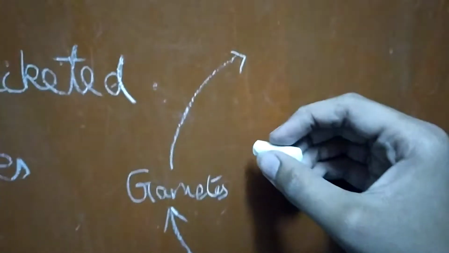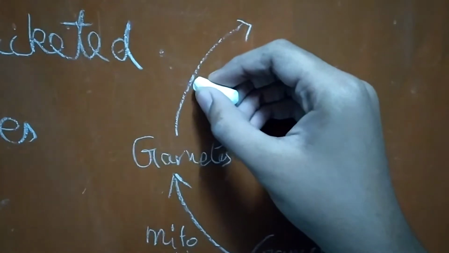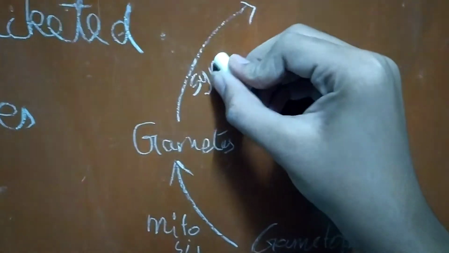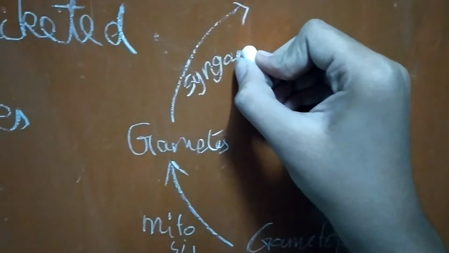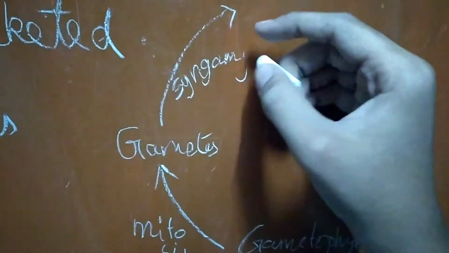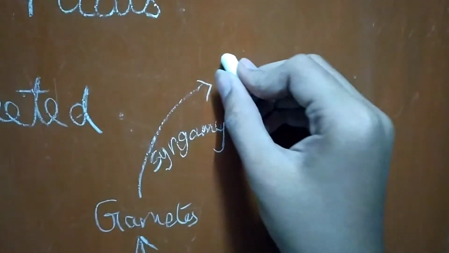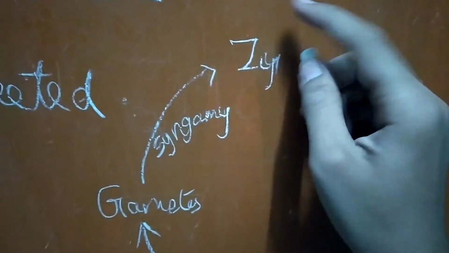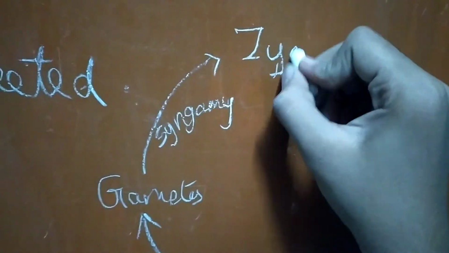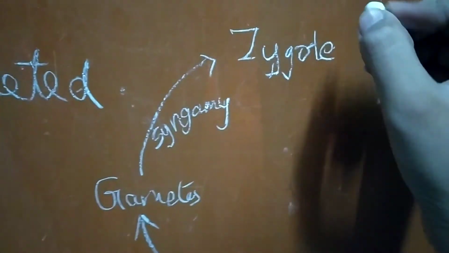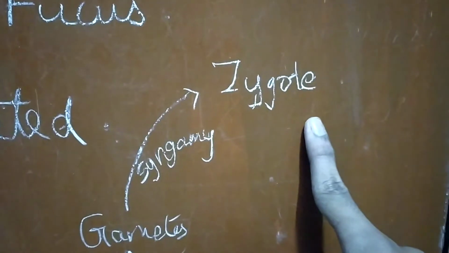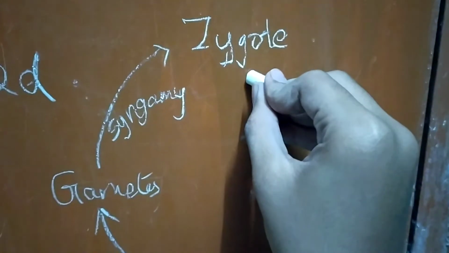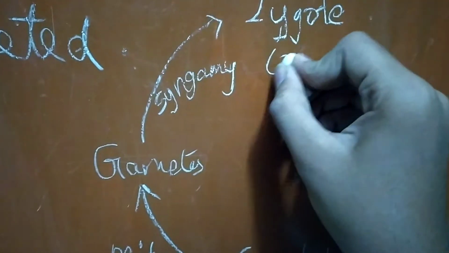they form, by syngamy, the zygote. Usually when gametes fuse, they will give rise to a zygote, right? Usually in the haplodiplontic life cycles or diplontic life cycles, the zygote will undergo mitosis because this is 2n, right?